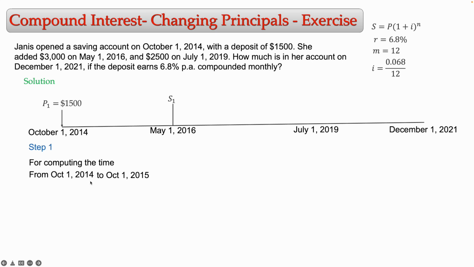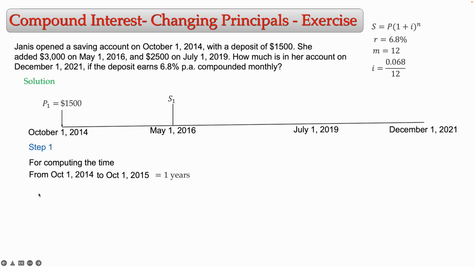Of course, it is very easy to notice that this was only 1 year. If you don't notice, the only thing you need to do is subtract. If you see that the date is the same, October 1st, of two different years, you just subtract the number of years. 2015 minus 2014 is 1. So it will be 1 year here.